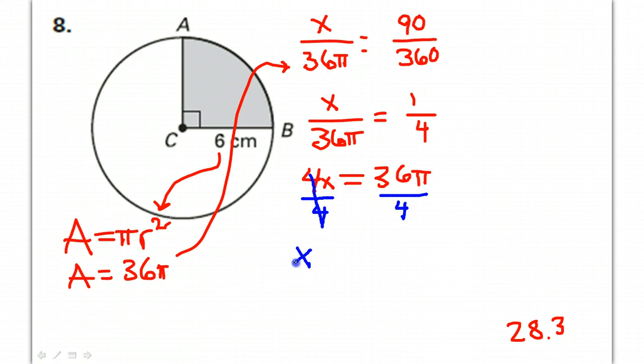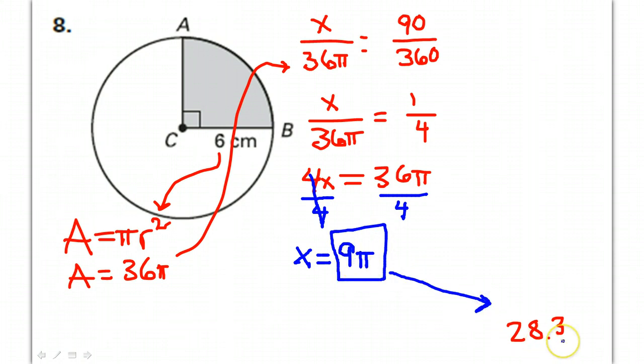So that gives me x equals 9 pi. Okay? So that would be the exact answer. We're supposed to find decimals or all. Go ahead and find both for now. So I'm betting if I put 9 pi in my calculator, I'm going to get 28.3. Okay?